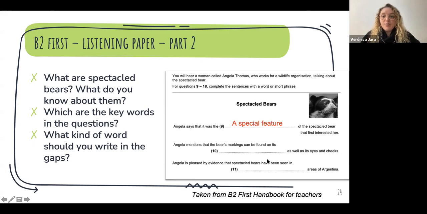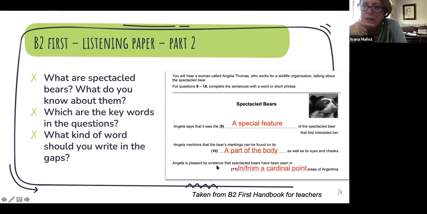Or in number 10, a part of the body. Or as Ellie, or somebody else, was saying in the chat box, a noun. And also, Veronica, yes, make sure they read it again, because sometimes they write it down and then it doesn't make sense.